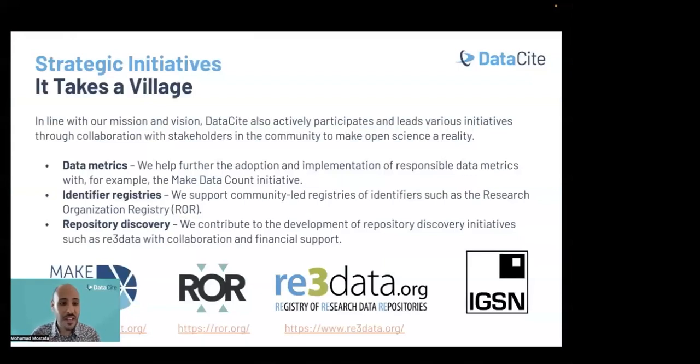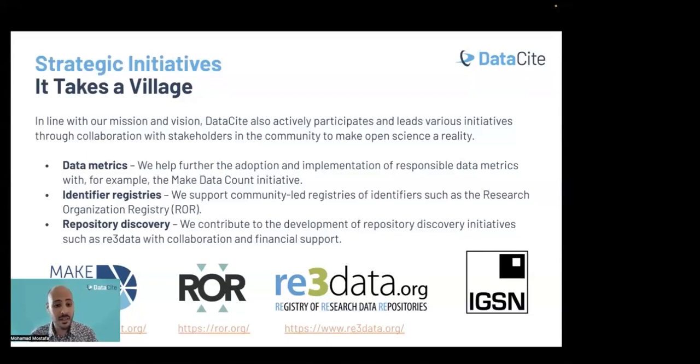Regarding our strategic initiatives at DataCite, for sure, we take an active part and lead, in some cases, various initiatives through collaboration with the stakeholders in our community to make open science a reality. In terms of data metrics, we are playing an active part and leading the effort for building responsible data metrics through the Make Data Count initiative.